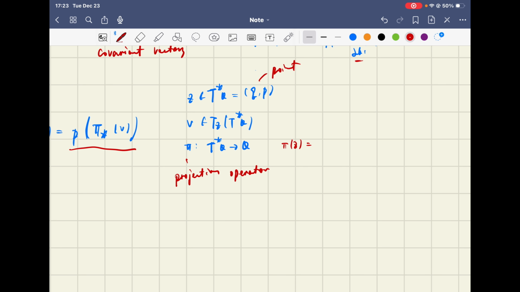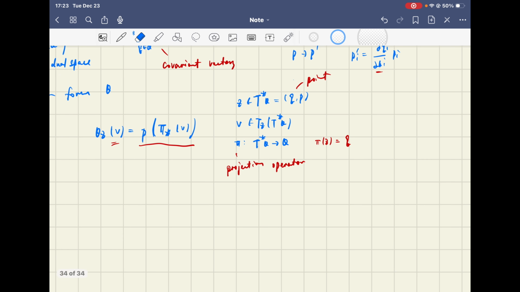It's kind of like if we have a vector on the XY plane, and the operator simply spits out the projection of the vector on the x-axis, for example. So that's a very natural projection definition on the phase space.